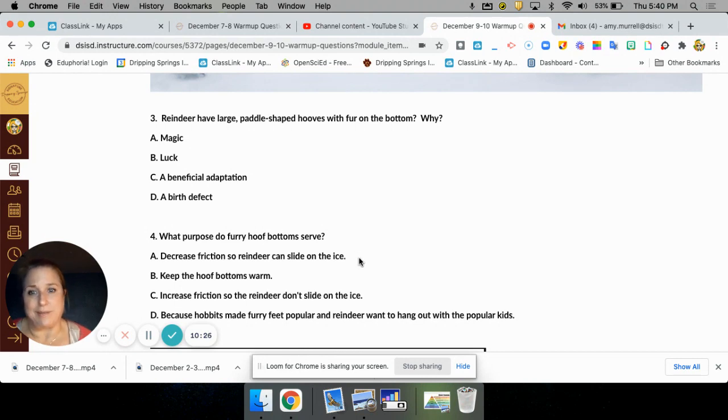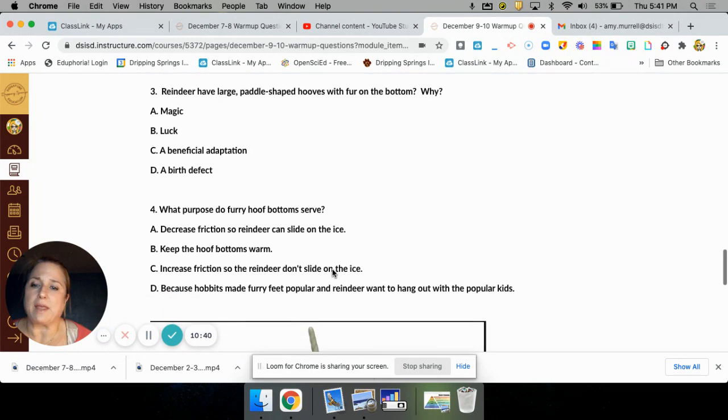And reindeer might not always want to be sliding around. To keep the hoof bottoms warm, maybe, but I don't know that hooves are specifically susceptible to cold or feel cold. Is it because hobbits made furry feet popular and reindeer just want to hang out with the popular kids? I don't think so. Reindeer are pretty confident.